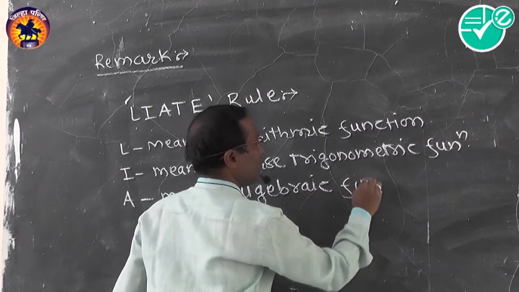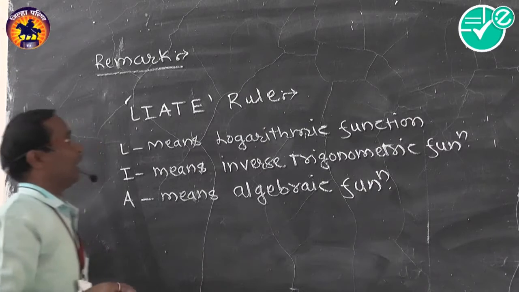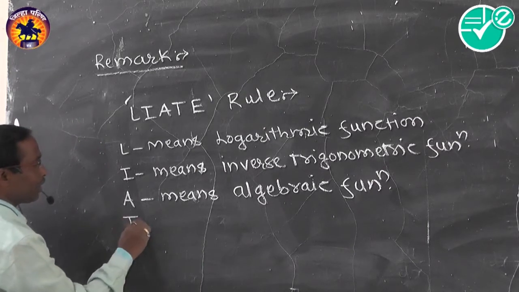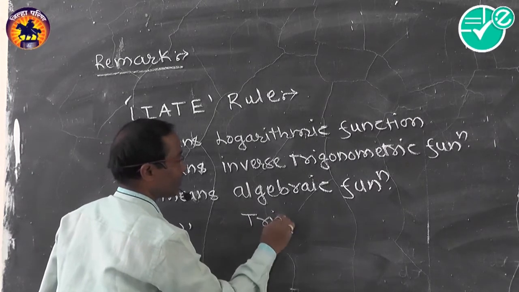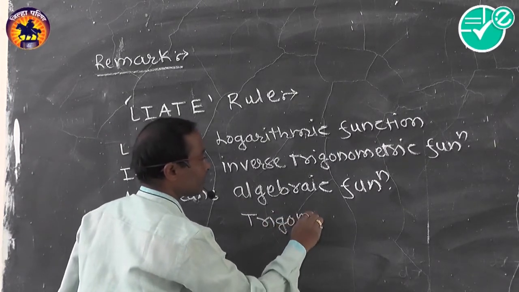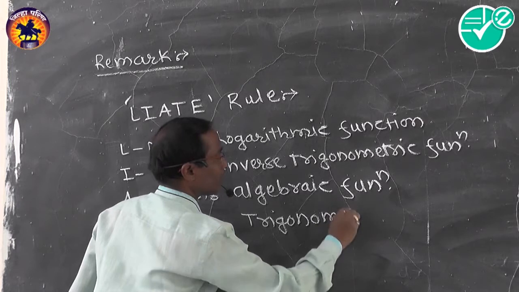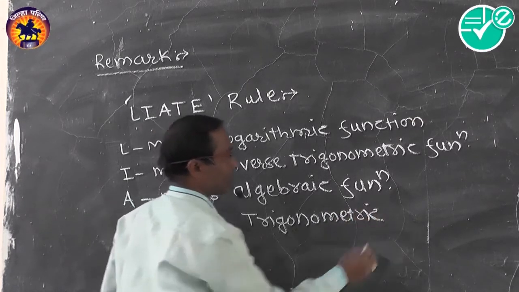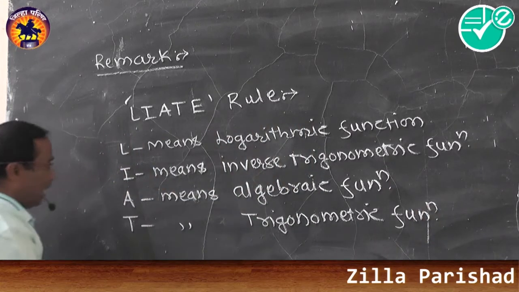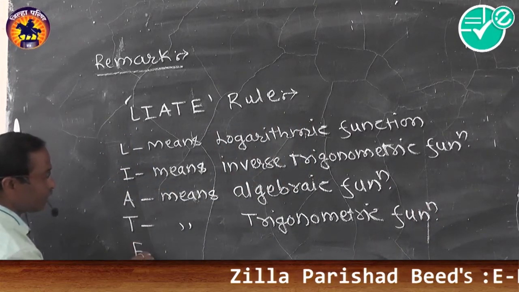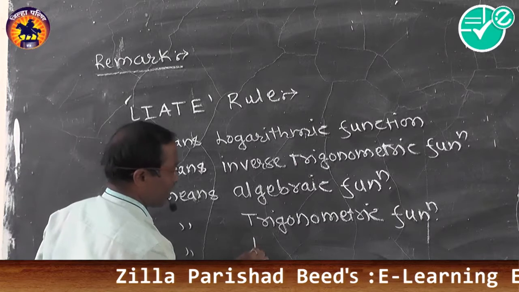A means algebraic function. T means trigonometric function. And E means exponential function.